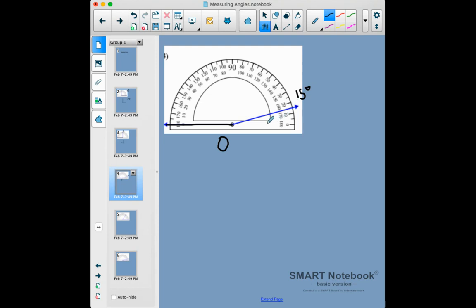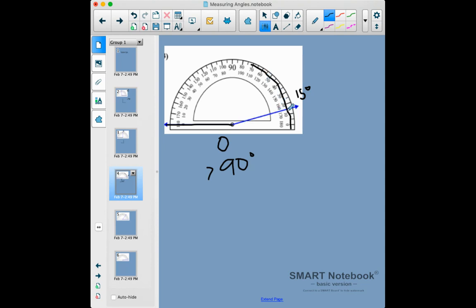This angle would not be 15 degrees because it is an obtuse angle, and we know that obtuse angles have to be greater than 90 degrees. So instead of looking at the outside of the protractor, I'm going to be using the inside. If I take a look, it's counting by tens.